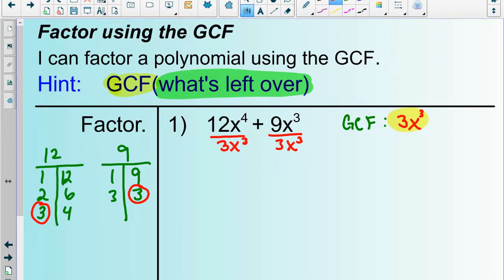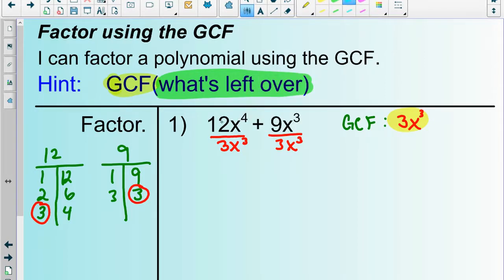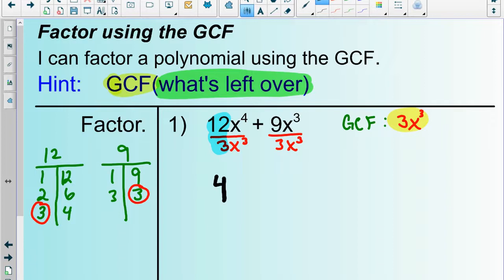So this goes back to how do we divide exponential expressions, okay, expressions with exponents. So in this first part, we want to take the 12 and divide it by 3. Those are just regular numbers. And we see that 12 divided by 3 is 4. And then we also want to divide our powers of x.